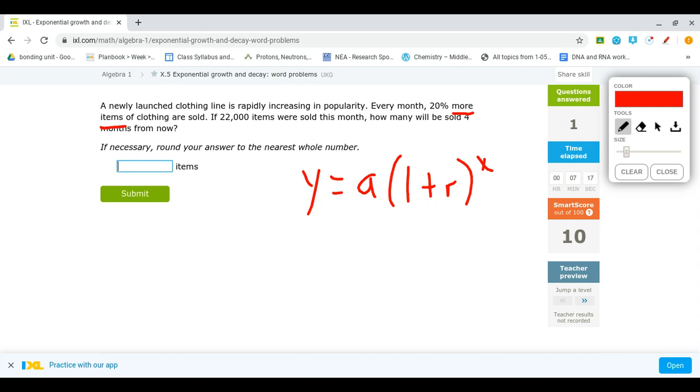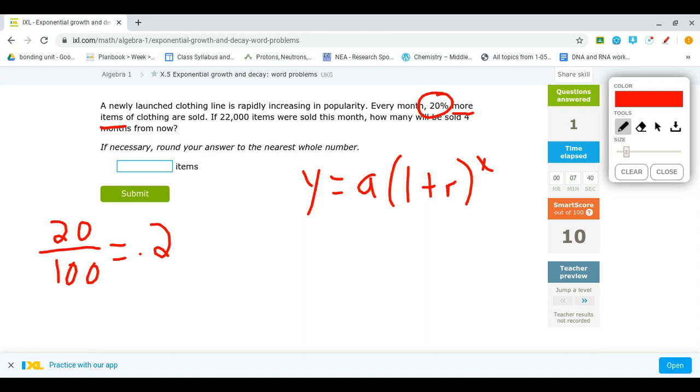Every month, 20% more. 20% is my rate. But again, I have to change my rate to a decimal. The way to change a percentage to a decimal is to divide by 100. 20 divided by 100 is 0.2.